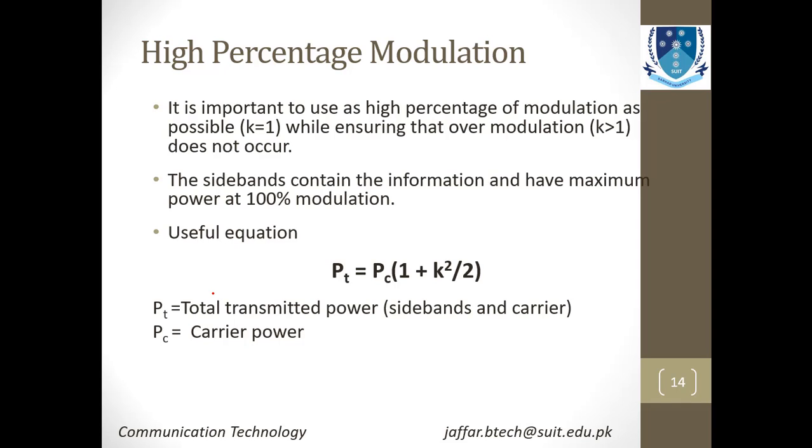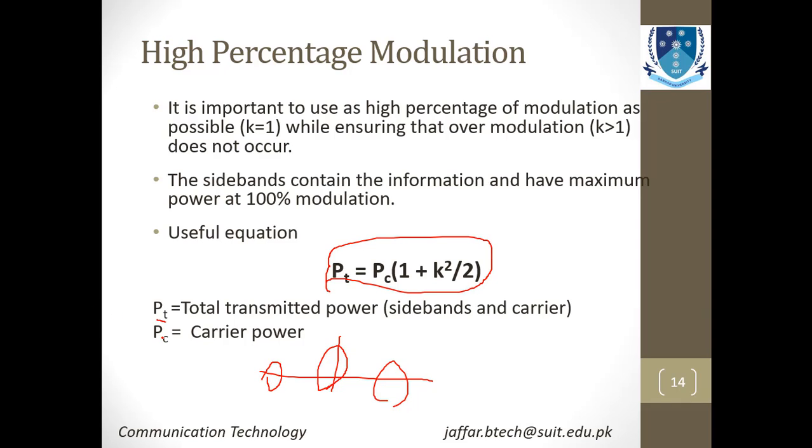So this is the usual equation, and we will be doing some numericals in the coming class regarding this amplitude modulation, and you will see that this formula will be of much use there. PT is nothing but the total power transmitted. If you remember in the waveform, there was the one carrier and two sidebands.